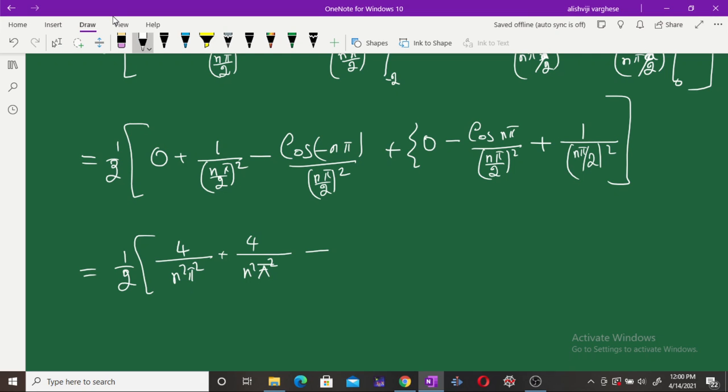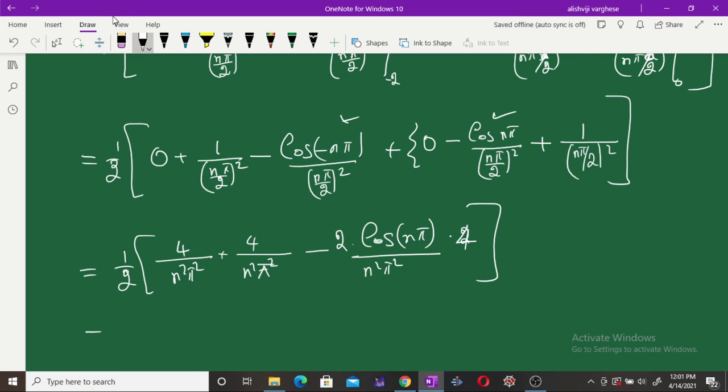So what remains, here also is a negative term, so we can combine these two terms and write it as minus of 2 times cos n pi divided by n square pi square into 2 square. So this 2 square is 4.